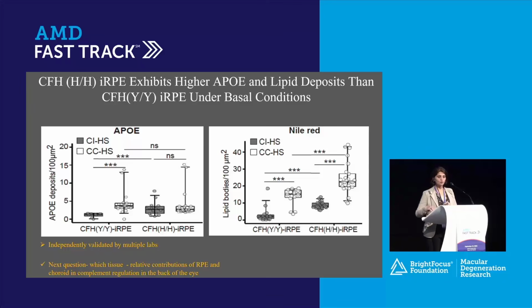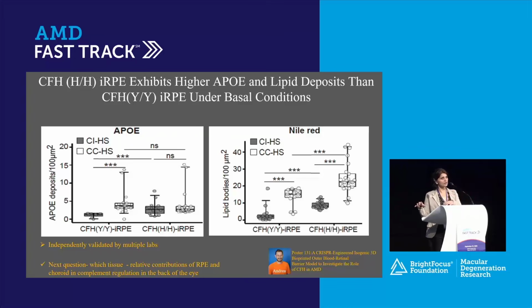AMD pathogenesis. So what we are doing next is to understand better which tissue or which cell type has a major role in causing the AMD pathogenesis for CFH. We are bioprinting isogenic tissue where we have RPE cells derived from iPSC cells, and endothelial cells, pericytes and fibroblasts, which are going to make the choroid capillaries.